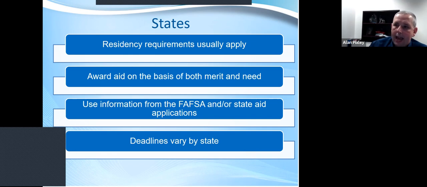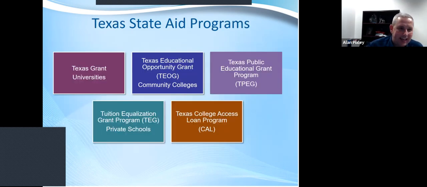All right, Texas state aid programs that we have. Universities are able to give the Texas Grant. That does not apply to community colleges, only to universities. But the Texas Educational Opportunity Grant is only for community colleges. The Texas Public Education Grant Program, or we call it TPEG, that money actually comes from the school, but is required by legislative action for us to give to need-based students.